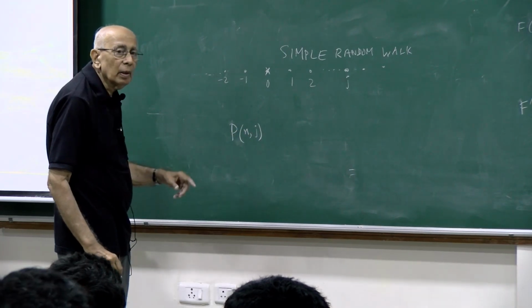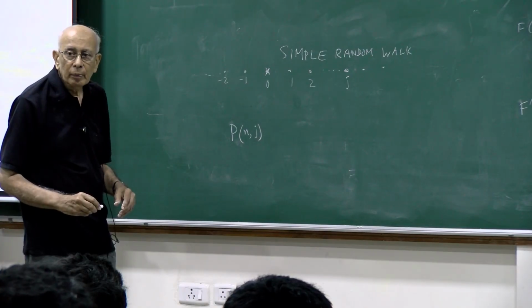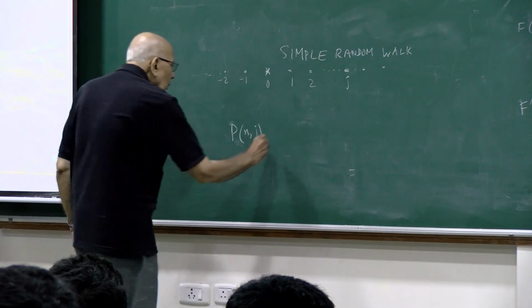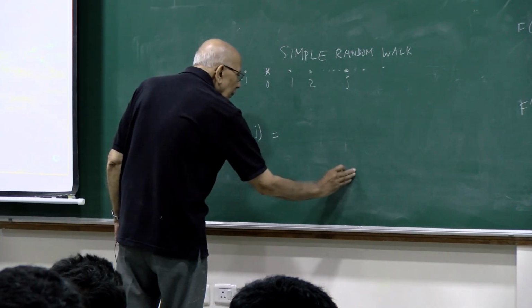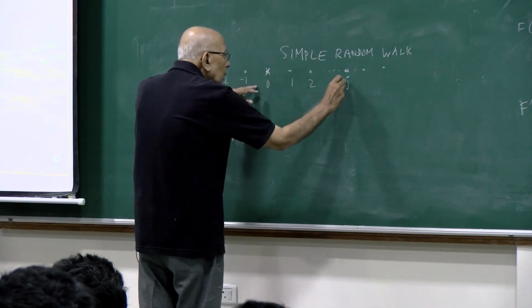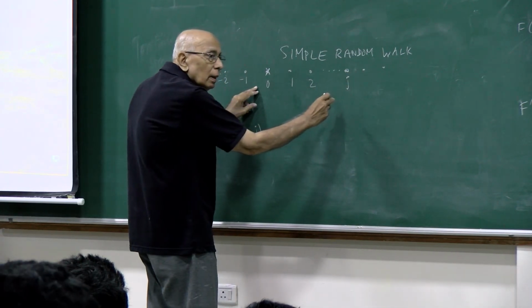So what's the random variable here? Because n is given to you, little n is given to you. j is the random variable, right? What is this equal to? Certainly, in n steps, can I go beyond n? No, sir. Right?